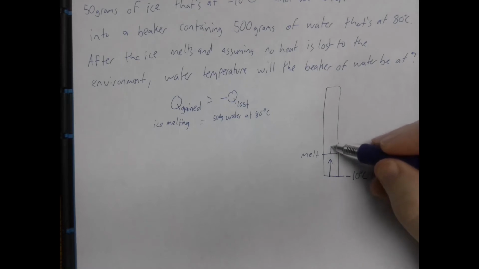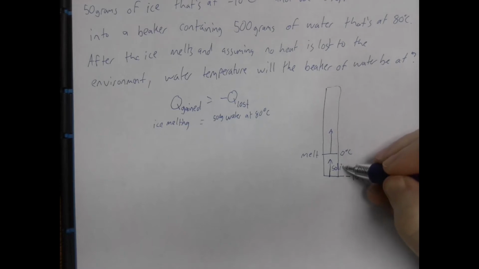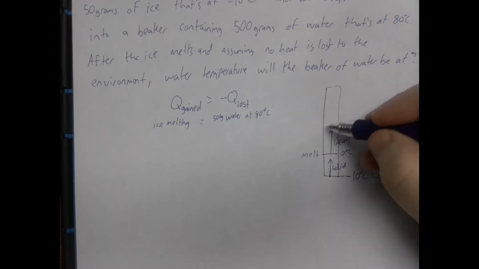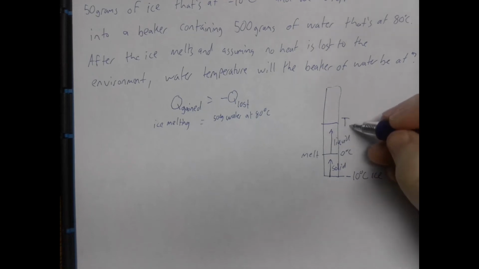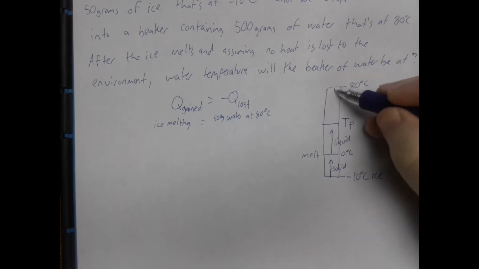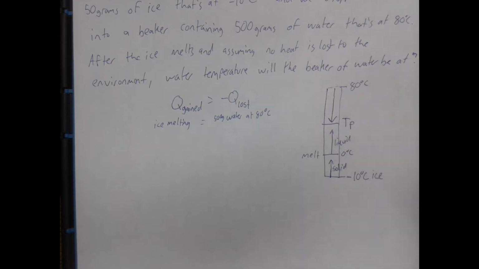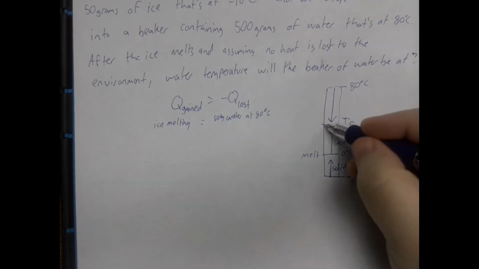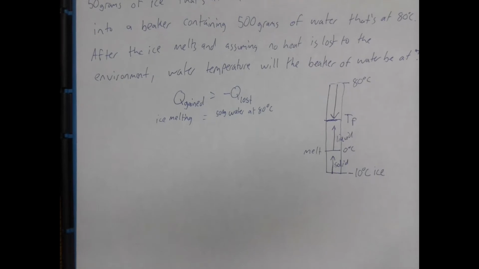And then it's going to continue heating as a water. So here it's solid. From here, it's going to be a liquid after it melts, and it's going to reach some final temperature. The water, however, is going to begin at 80 degrees Celsius, and it's going to move down until it reaches some final temperature. Where this line is, you have to guess.